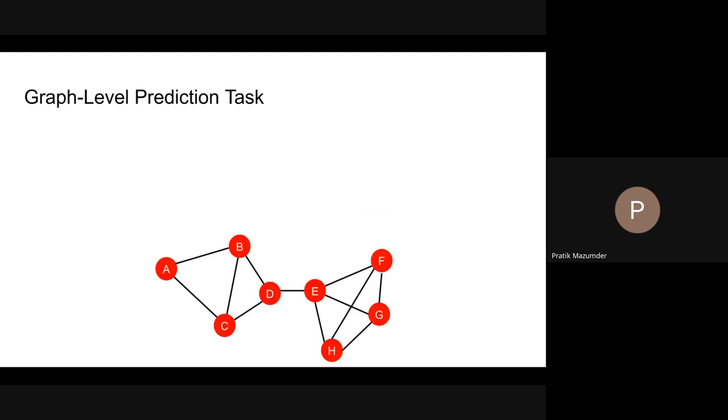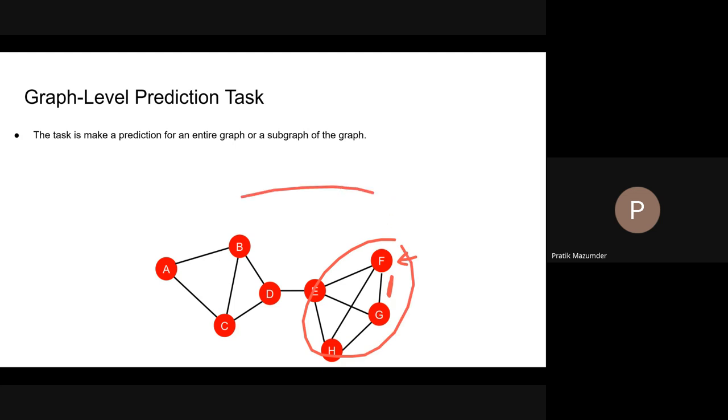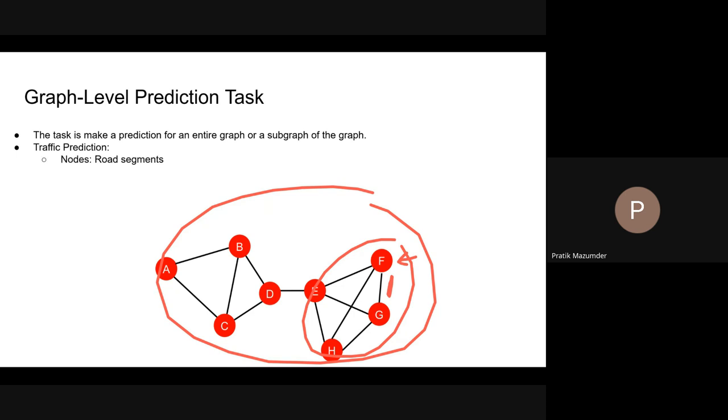Okay. Right. And you also have your graph level prediction tasks. As I mentioned, you moved sequentially from a node level prediction to a link level prediction. Now you're looking at a subgraph or an entire graph level prediction. And that can be for different reasons. One example is you can consider your roads between different sections of your city as connections between road segments.